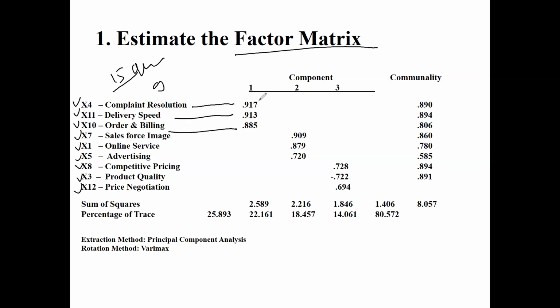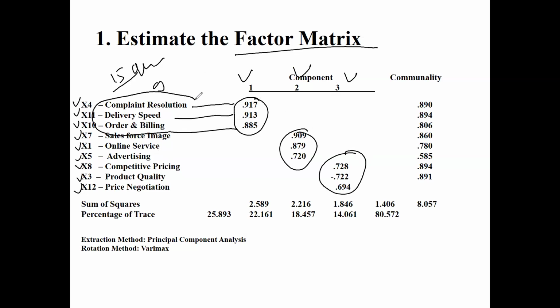This is your factor matrix. These 3 variables come under factor 1, these 3 questions under factor 2, and these 3 variables under factor 3. And we summarize the essence of these items: complaint resolution, delivery speed, order and billing. What should be the common name?